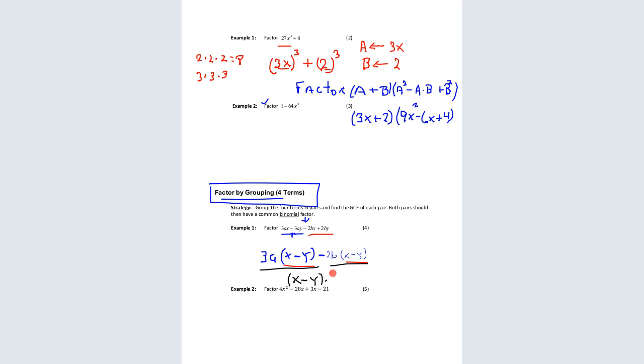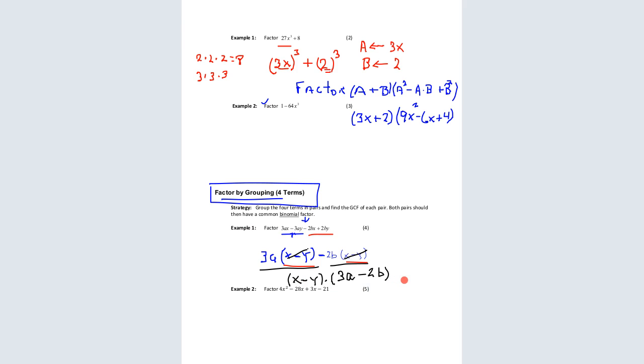Times whatever's left over. So once I divide these out, notice that I'm left with this binomial. And so those four terms up there factored into a product of two binomials.